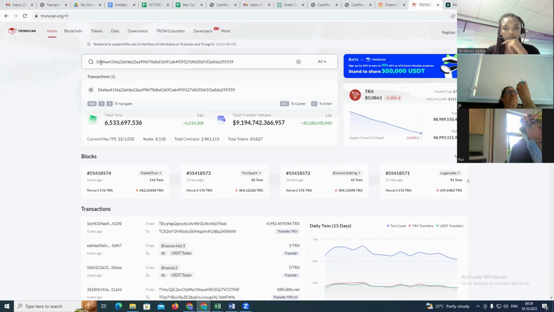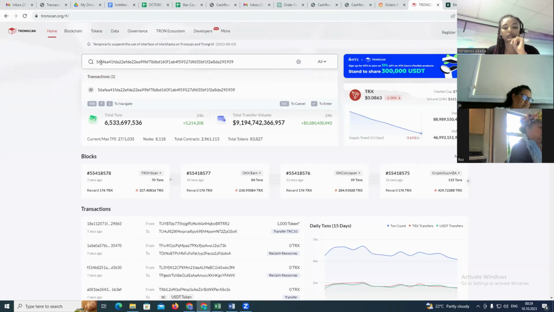As I said, if you want to save yourself the stress of trying different blockchains, it depends on the wallet address you provide to whoever is sending funds to your account. If you send a TRC20 wallet address to them, you come to TronScan. If you send an ERC20 wallet address, you go to Etherscan.